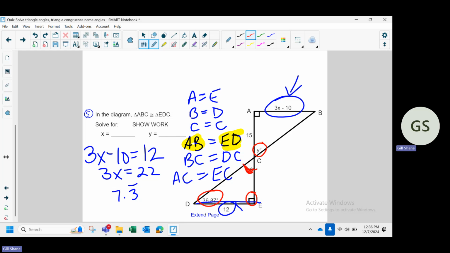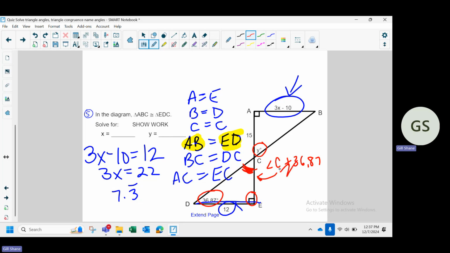So this angle here plus the 36, I guess I'm going to call that angle C. So angle C is that one right there, I'm saying, plus the 36.87. This is not going to fit into this screen.